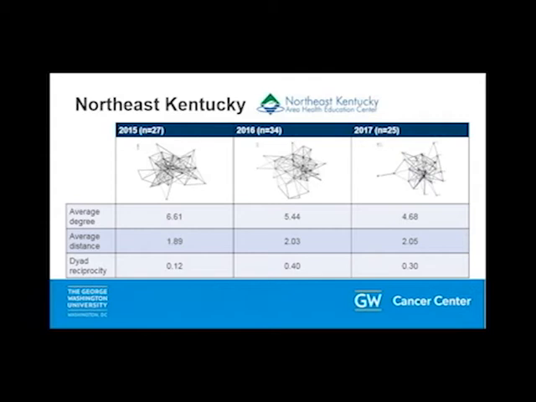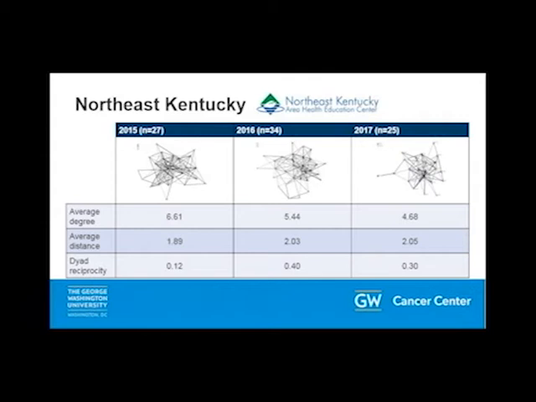And similarly, average distance between the participants also increased, which means that on average, the number of hops people will have to make to get from person A to person B or to get connected to them increased. So actually here, the smaller the number, the better. Again, this is likely due to new members being added to the roundtable who may not have been well connected initially.